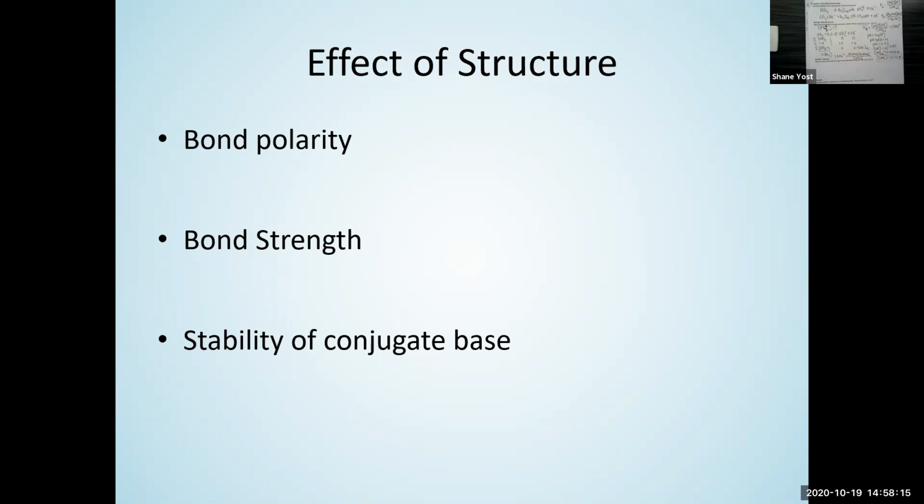So things that can affect the strength of an acid can be things like the bond polarity, okay? The more polar a bond is is typically related to the weakness of the bond. So bond polarity here refers to things like an HCl bond versus an HI bond.